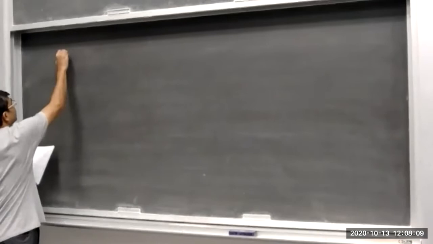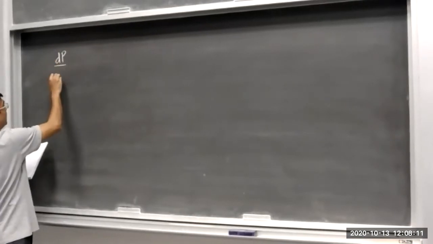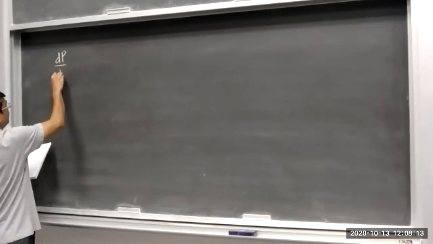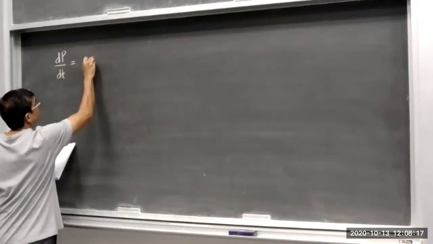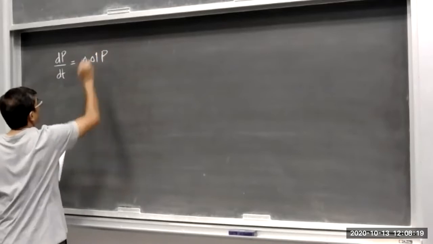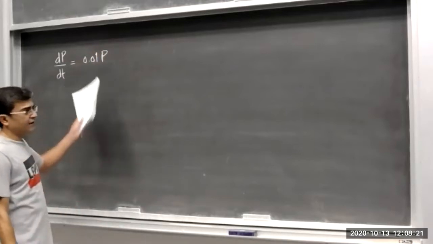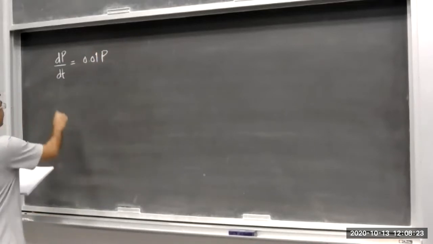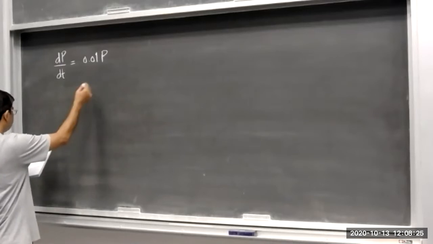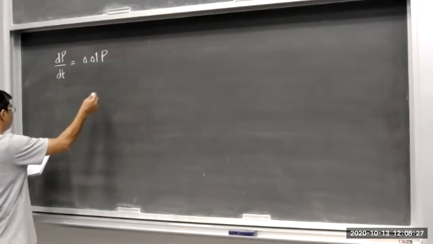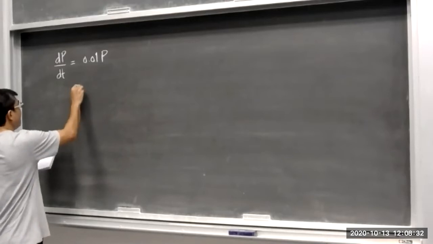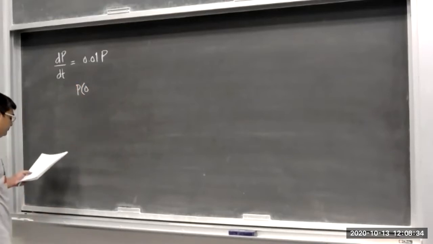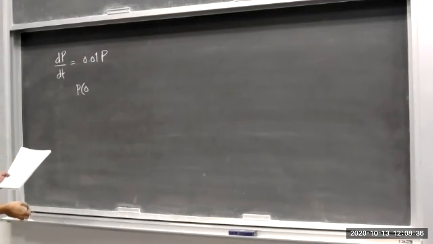So this physical process will be modeled by dp by dt equals 0.01 times p, because 10% is the growth rate, and the initial condition is what? There is no initial condition given, so it means P at 0.